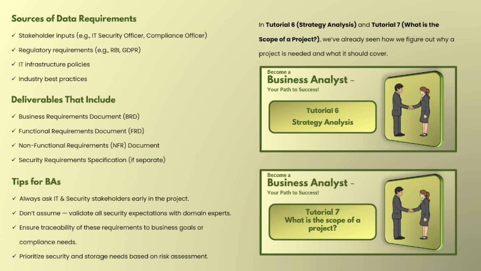Now we have understood the importance of data requirements, but where do we need to include them? As a business analyst we create a few documents: the business requirement document, then the functional requirement document, then the non-functional requirement document, and in a few companies the security requirement specification.